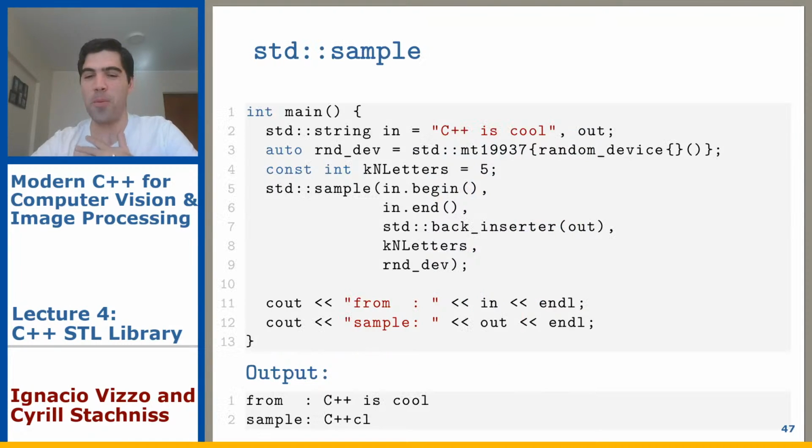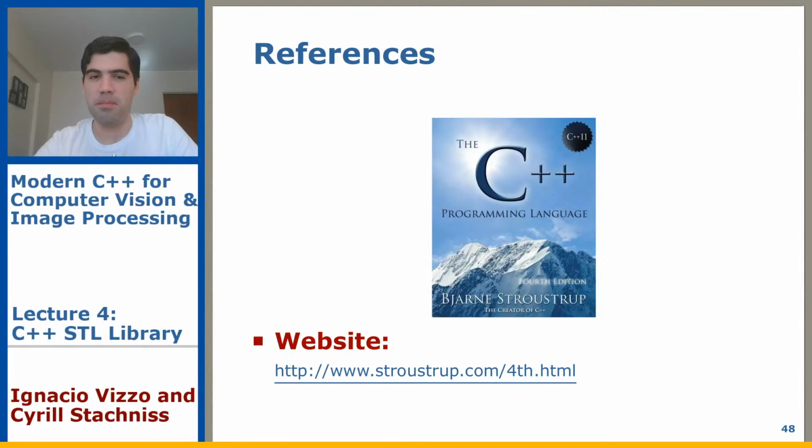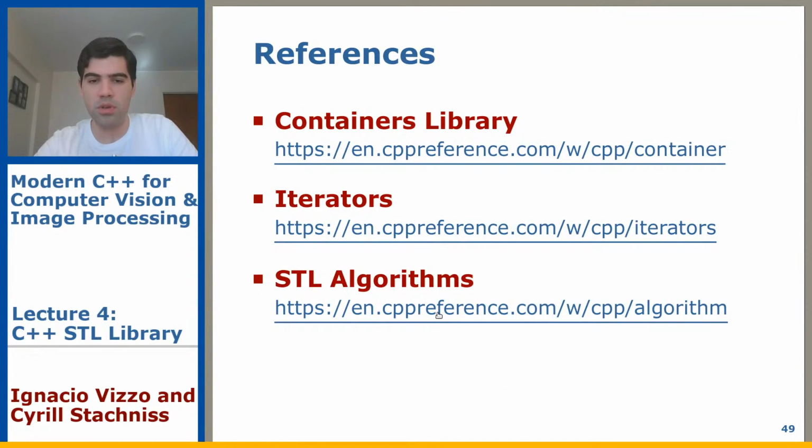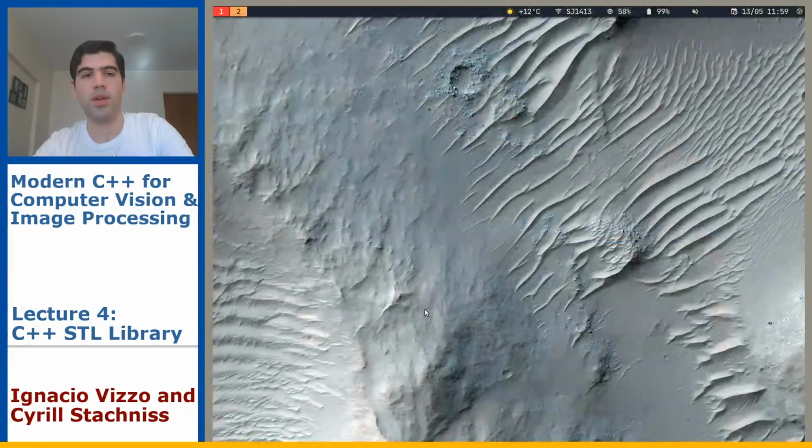Okay, so keep in mind, use STD algorithms. I hope I convince you that it's much better to use these generic programming techniques than just writing your own functions. There is much more information in the C++ book, and let's click quickly here.